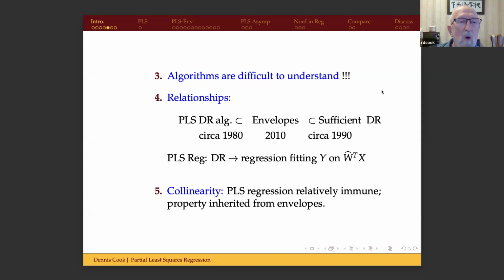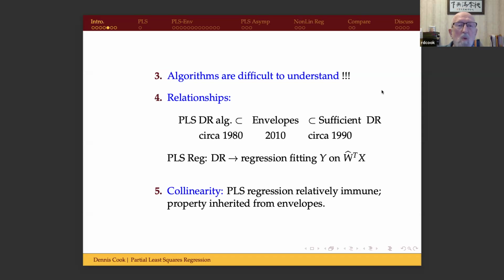So nevertheless, what we were able to prove, thinking about the algorithms, is that point 4, the partial least squares dimension reduction algorithm, which was developed around 1980, at least the first one, is an envelope method. Envelopes were developed around 2000, with the first paper in 2010, and envelopes are special cases of sufficient dimension reduction.